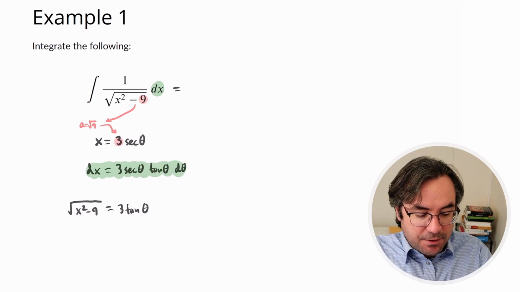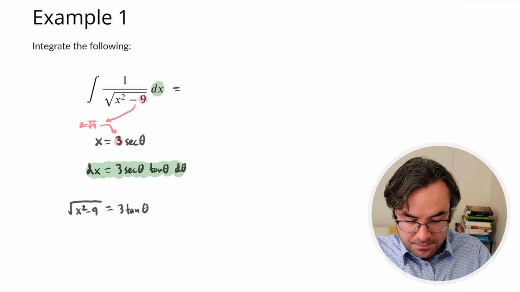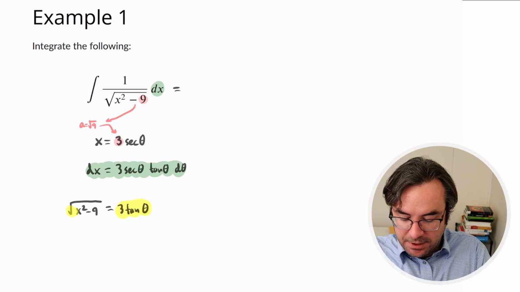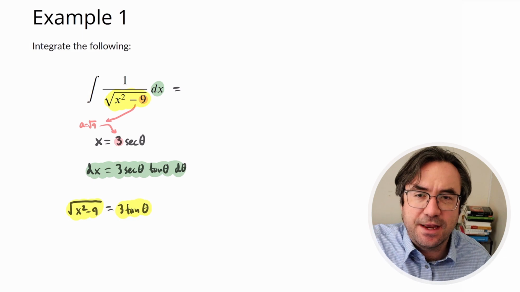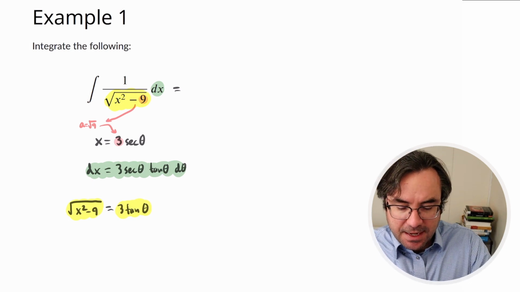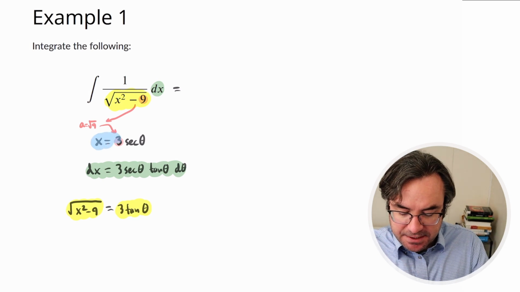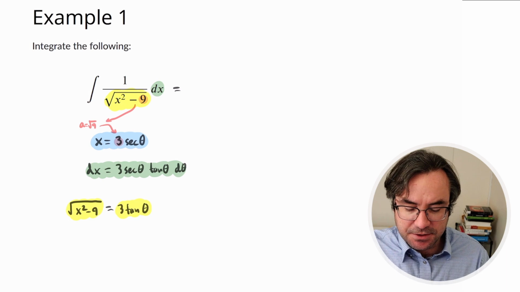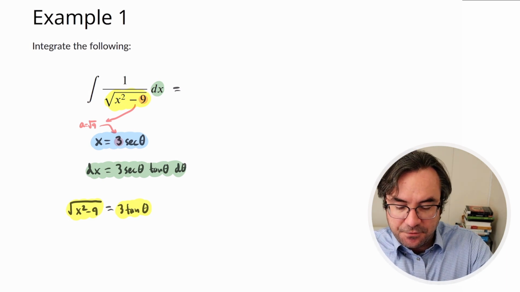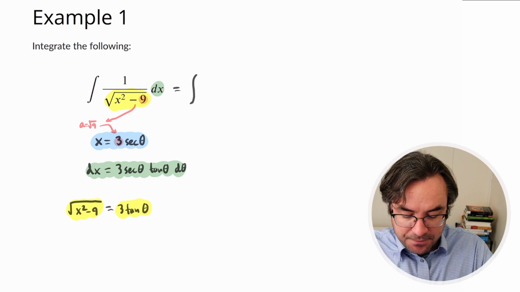And then we have the square root term, which we'll be able to replace with our 3 times tangent theta. And again, sometimes you might see some loose x's floating around, so you'd fill those in as well. But here we don't have any. So if we fill in the pieces, what are we going to have?